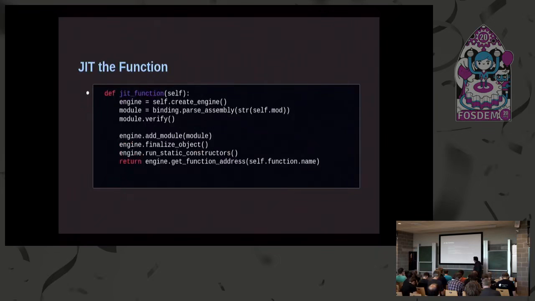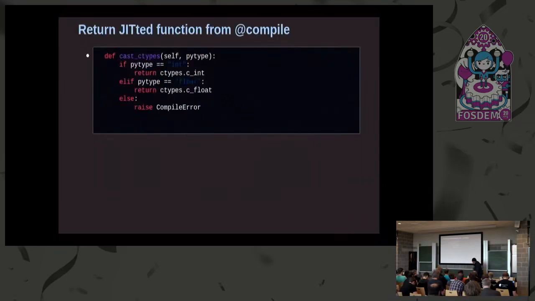This is the jitting part. We will create the engine with this method, and then parse our module and verify whether it's a valid intermediate representation or not. Then we will add that module to our engine, finalize and run the static constructors, and then we will get the function as a ctypes function pointer.